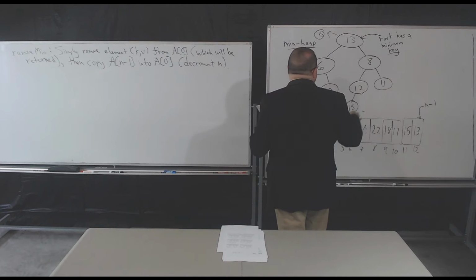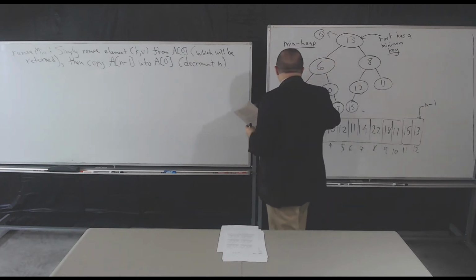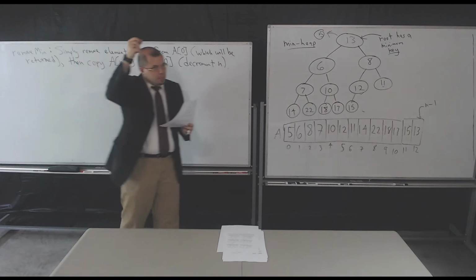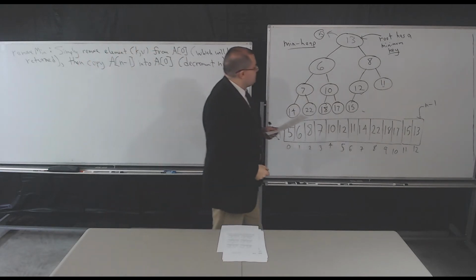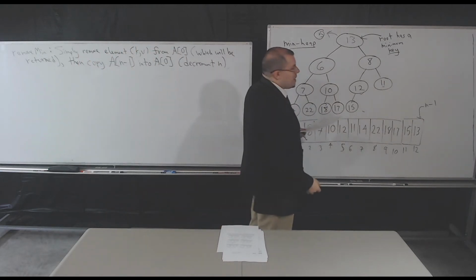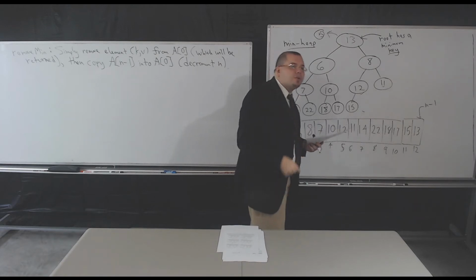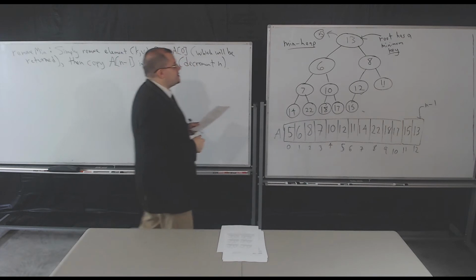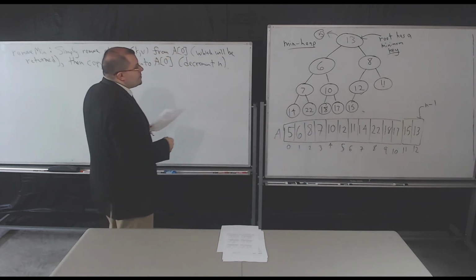So now 13 is sitting up in the root. What do we need to do? Do we bubble up or bubble down? In bubbling up, I had one clear contender I would always swap with: I always had the parent to look at. What do I have to do now?